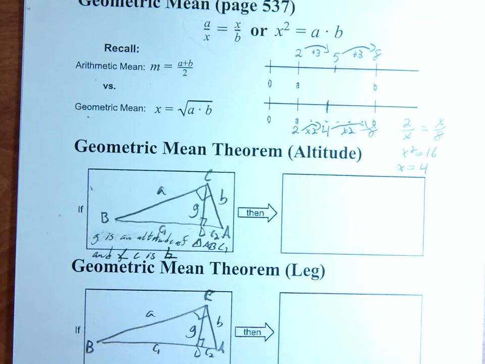So basically we're just saying, hey, we have a right triangle and we put an altitude in it. Okay, those conditions, gang, you're going to write down on the second theorem as well. It applies to both theorems, because this is just the same theorem, just teased out in two different pieces.